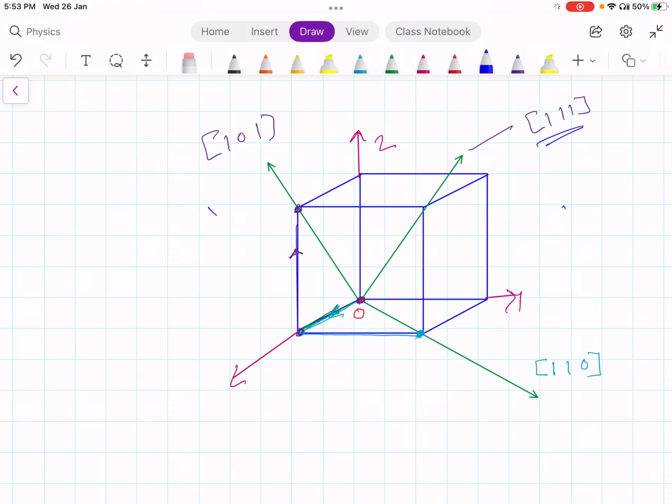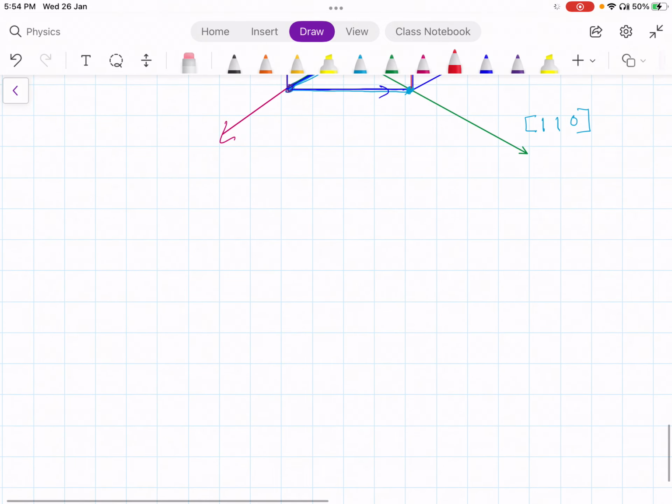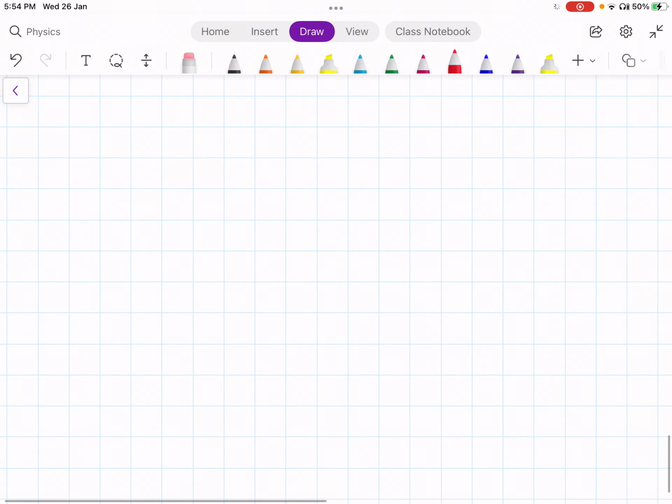To get this, what I have to do: travel the distance 1 along x-axis, then 1 along y-axis, and then distance 1 along z-axis. You got this point, and so that direction is [1 1 1]. So this is how you're going to find the direction.